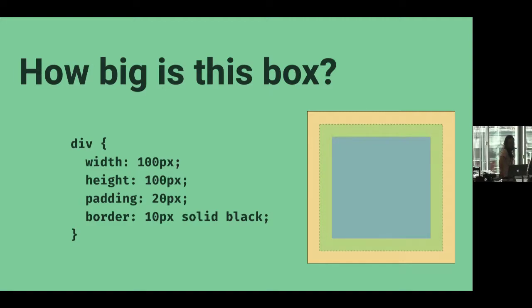Anyone else? 130 by 130. Okay, so the first answer, sorry, what's your name? You're saying that we've set the width and the height to 100 by 100, so that's what the size of the box should be, right? Do you want to change your answer? Okay, so we're going to change the answer now because we've got the padding that goes around, and the border as well, so we're saying 130, right? But think about it, because it's actually on both sides. So this box is 160 by 160, right?